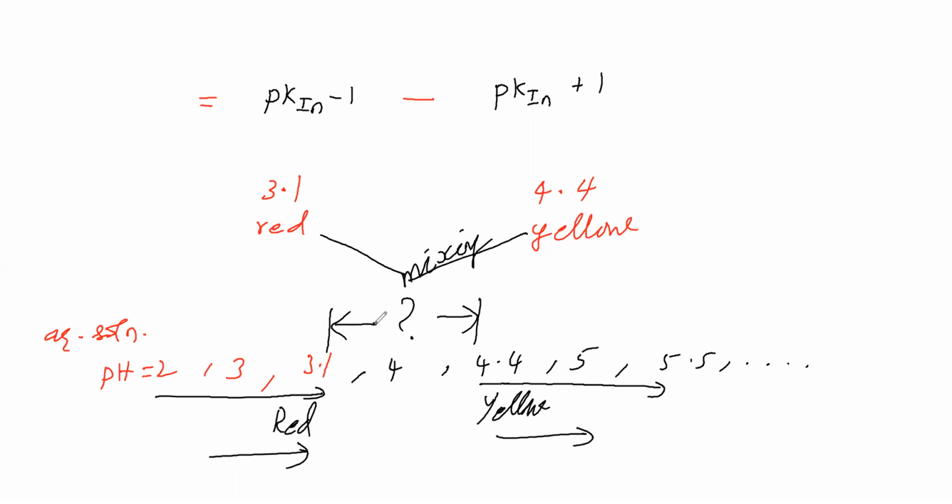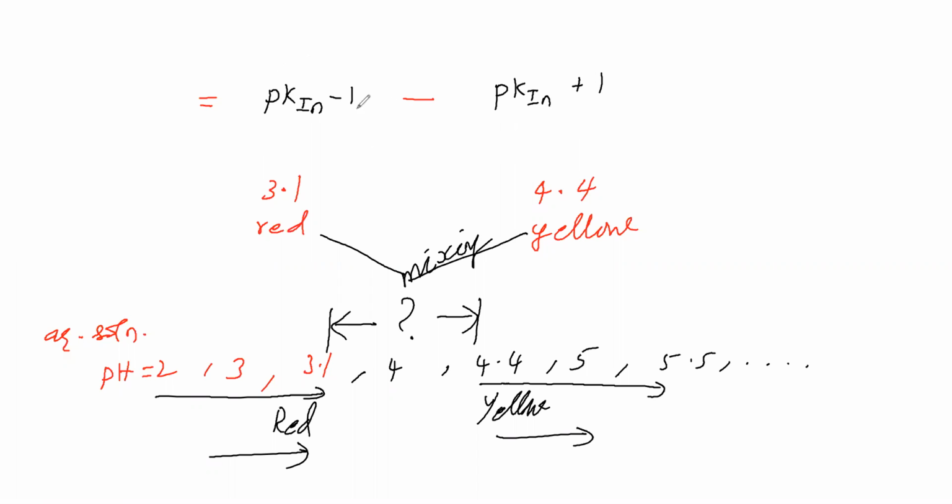Therefore, the indicator will show a distinguished color if the pH is less than this, or greater than or equal to this. If the pH of the solution is less than or equal to this much, the indicator will give the distinguished color of HIn. If the pH is greater than or equal to this, the indicator will exhibit the distinguished color of In minus.